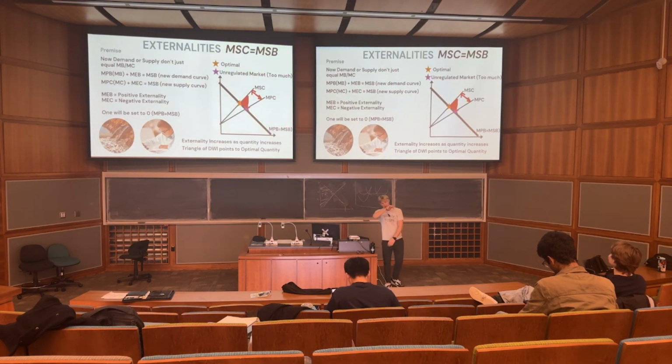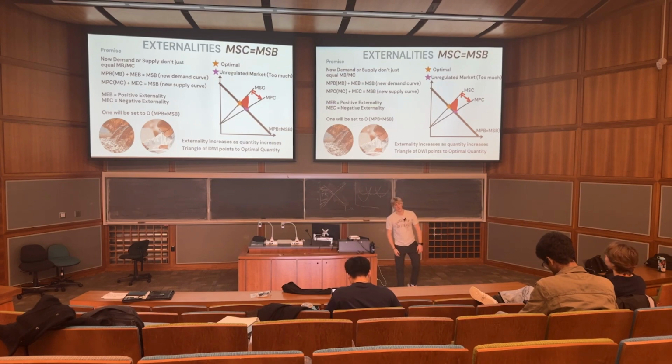Externalities. So this is, I would argue, kind of confusing. I don't know how you guys find it, but basically now the supply and demand curves aren't just the marginal benefit or the marginal cost, but now they're this thing called the marginal social benefit and marginal social cost, where marginal social benefit equals the marginal private benefit, which was the old marginal benefit, plus the external benefit.